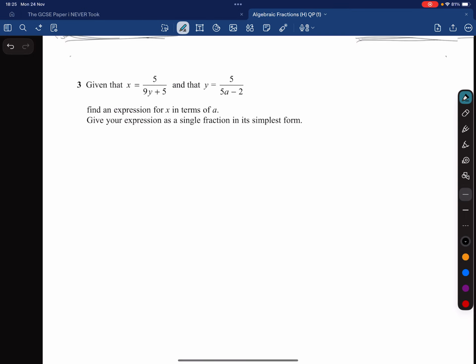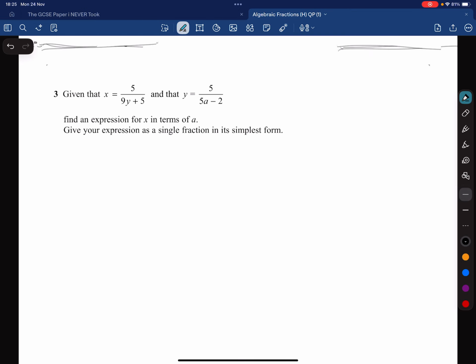Okay, so given that x is equal to 5 over 9y plus 5, and y is equal to 5 over 5a minus 2, find the expression for x in terms of a. Okay, this is not the most fun thing on the planet.